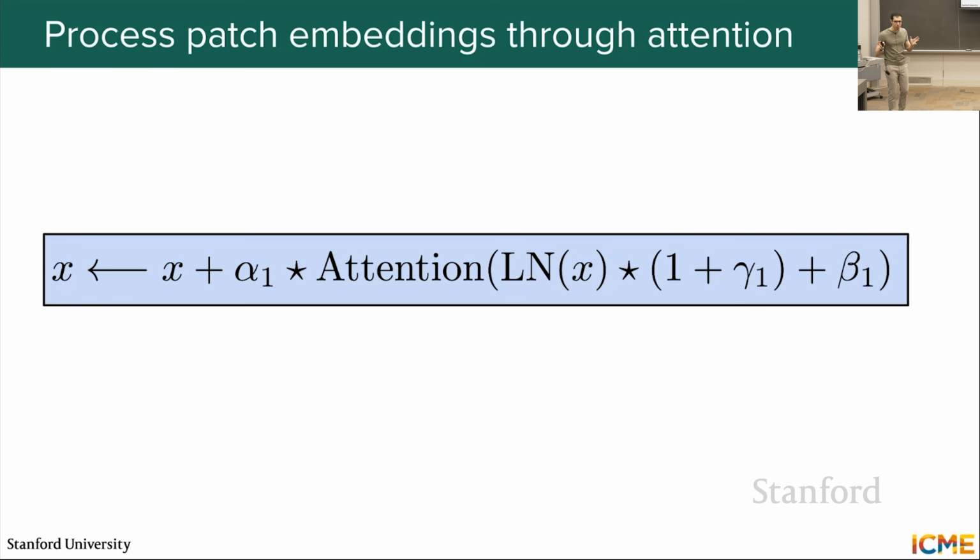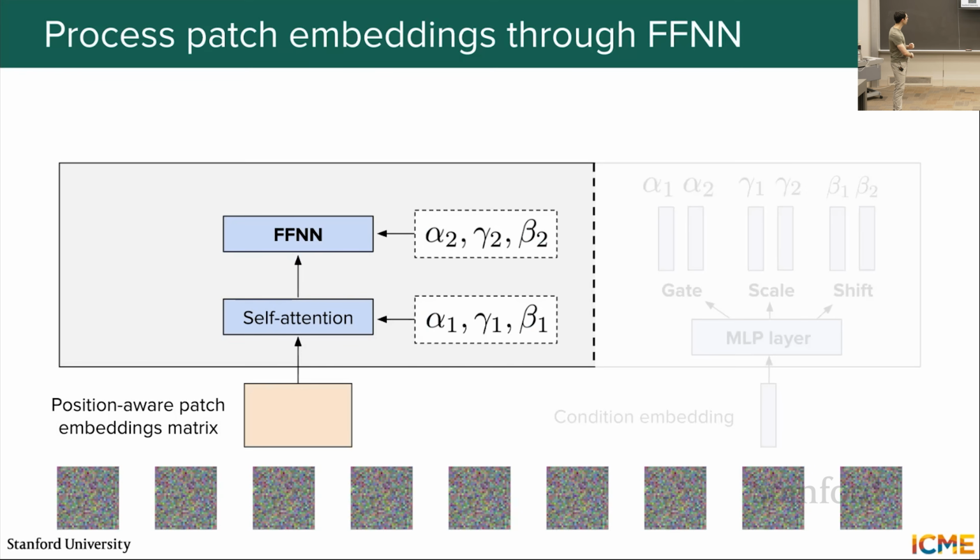And as you remember, this is what happens. So you take your input, and then you do the attention operation with the scaled and shifted inputs, and you gate it by alpha 1, where the star operation here is just the element-wise operation.